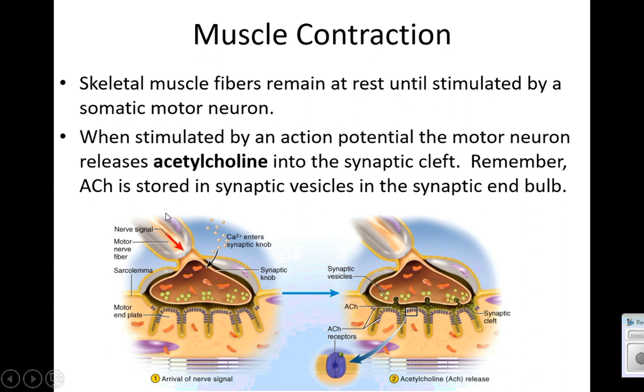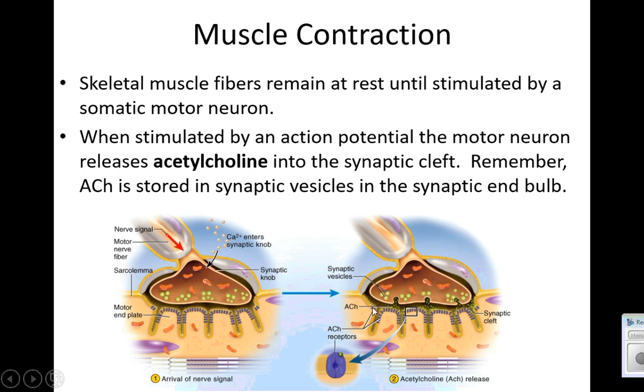We know acetylcholine is abbreviated capital A, capital C, capital H. And when that action potential arrives at the knob, calcium enters it, triggers the vesicles to spit the acetylcholine out into the synaptic cleft. Now, instead of another neuron here, we have the plasma membrane of the muscle.